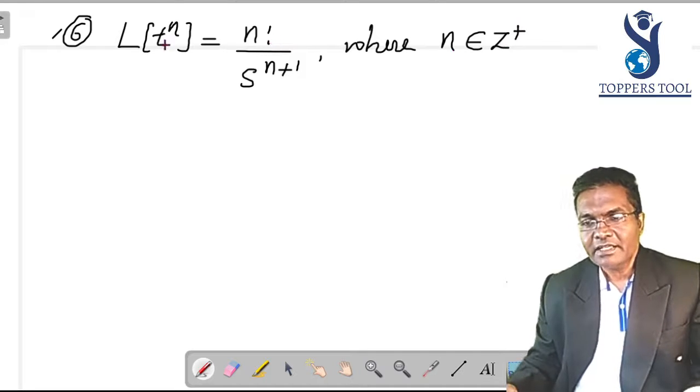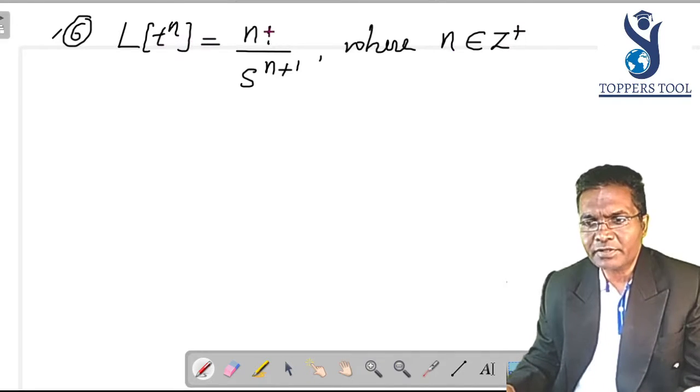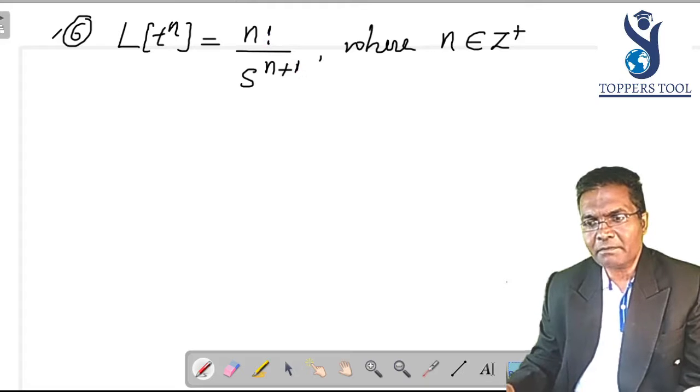So then only L of t power n is n factorial by s power n plus 1.